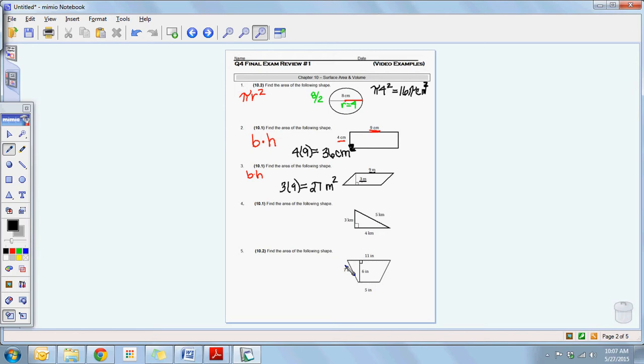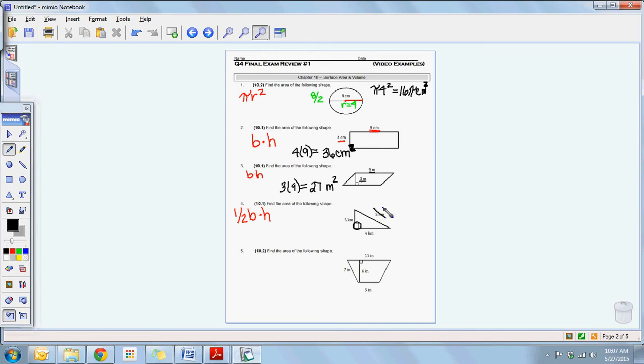Okay. My next shape is a triangle, and the formula to find the area of a triangle is 1/2 base times height. So I'm going to plug in my information. Now remember, your base and your height have to come off of your right angle. So whatever 2 sides are coming off of that right angle would be considered your base and your height.